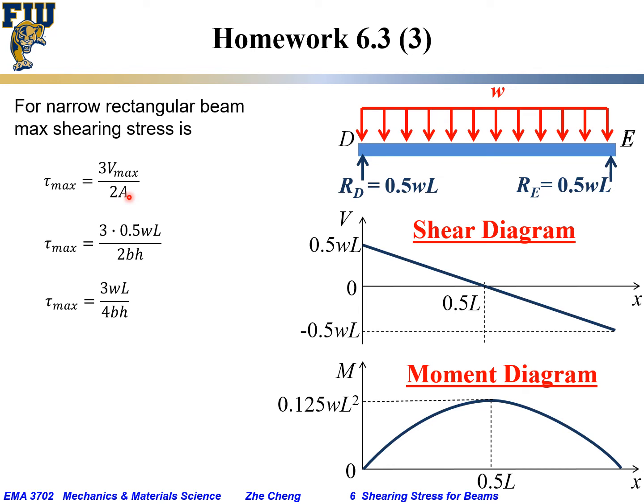Okay, so that's what we learned earlier in chapter 5 for a narrow rectangular cross-section beam.